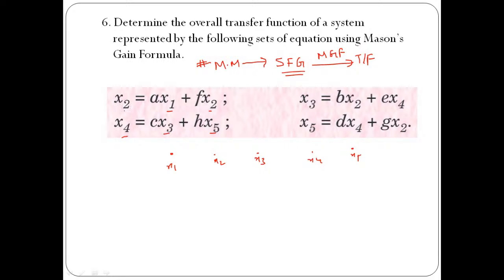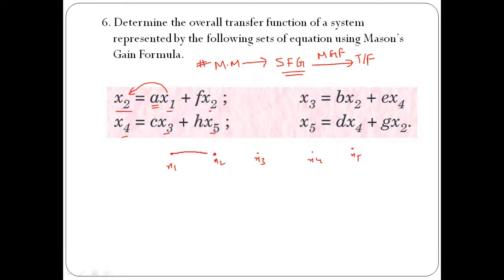For example, if you take the first sub-equation, x2 is equal to a times x1 plus f times x2. So there will be a signal of gain exactly equal to a, which is coming from node x1 towards node x2.